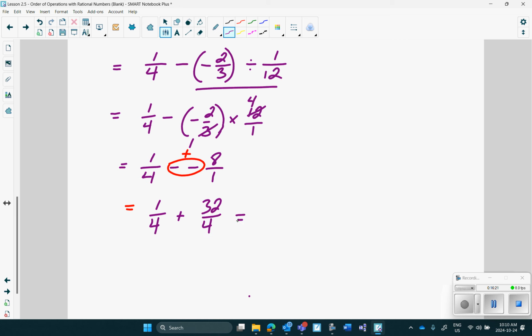Now I'm finally ready to add the 2. 33 over 4. Can't be reduced. We're done. Okay? But notice all these questions, I kept it in order. Did it in as well organized a manner as possible.